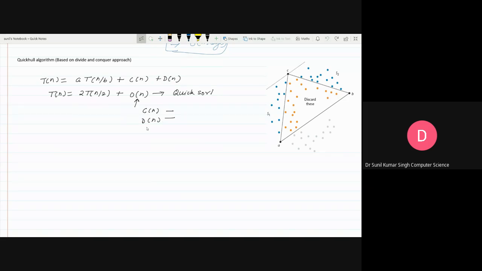So in this quick hull algorithm, we have to choose 2 points first, which are having the min and max value of x.